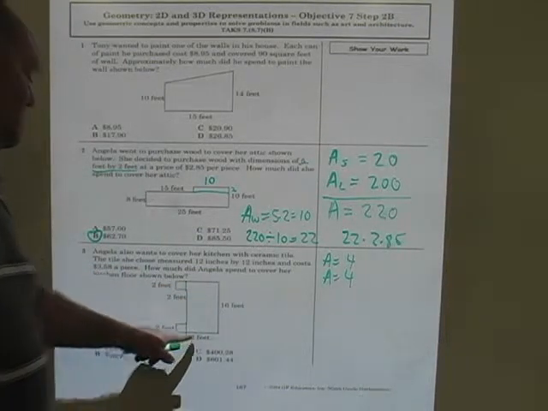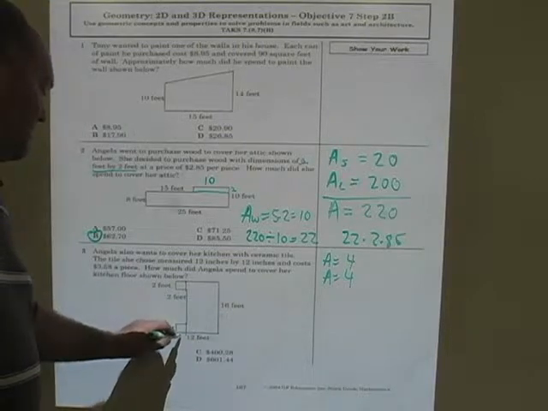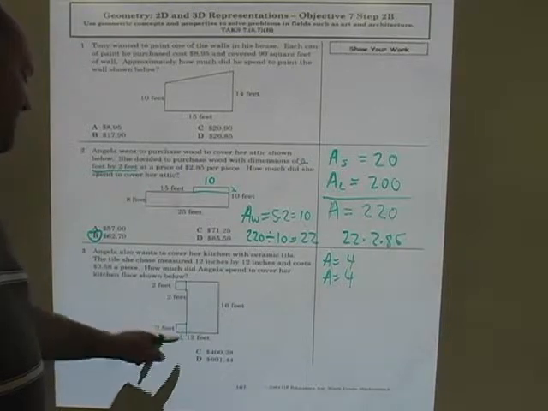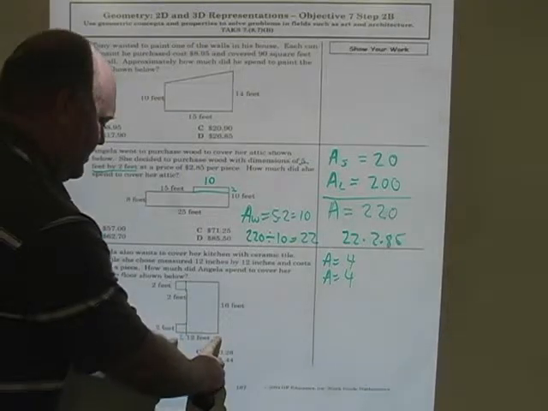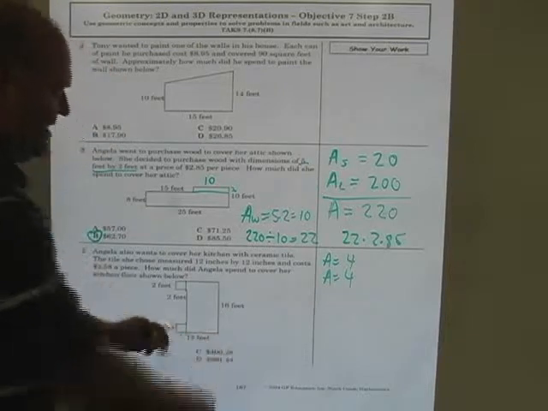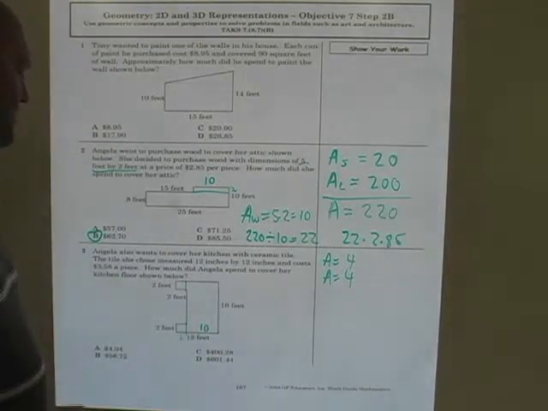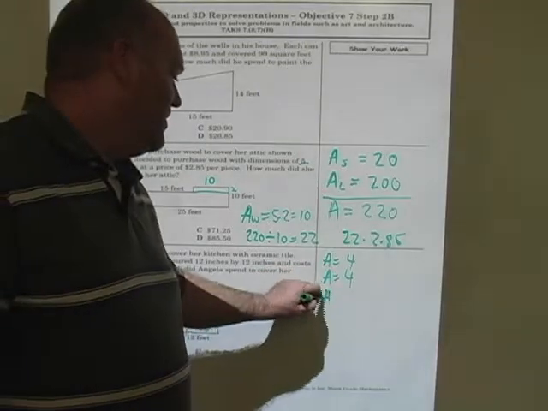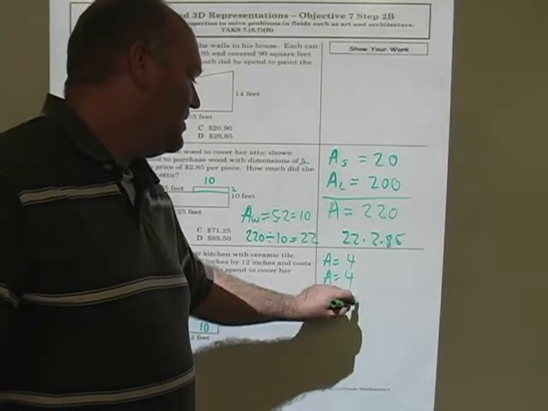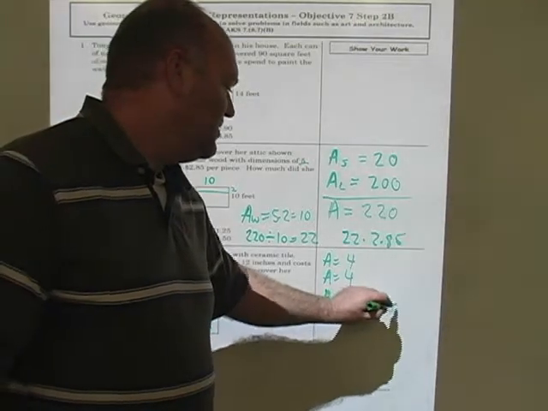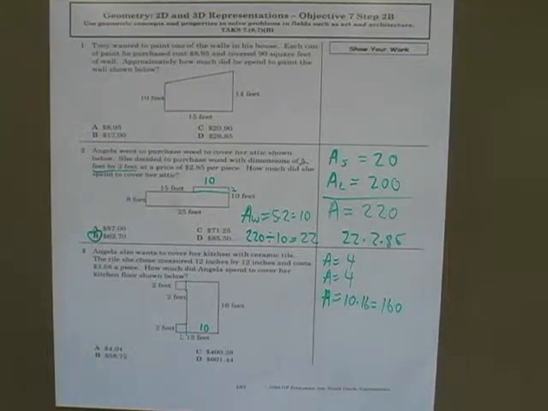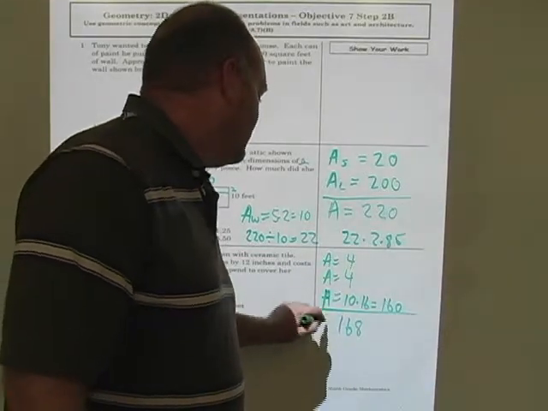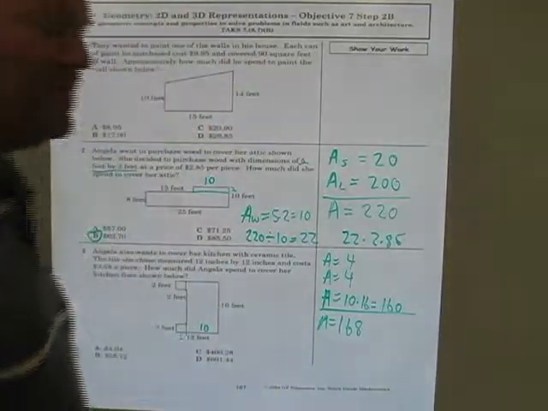And it is going to be, well, if that's 2 right there, and this is 12, then this has to be 10. Okay. And then we know that's 16. So that rectangle is 10 by 16, which is 160. Add those up. And our total area is 168.